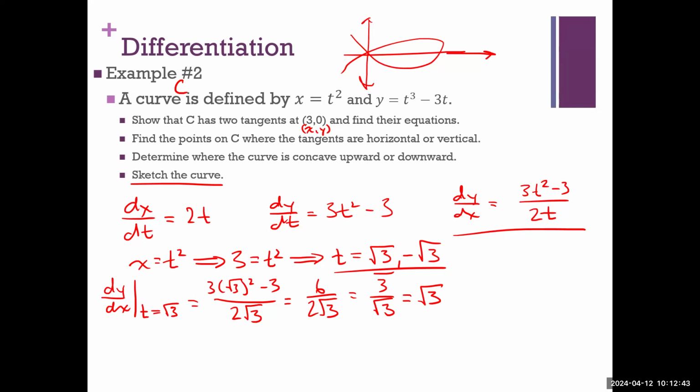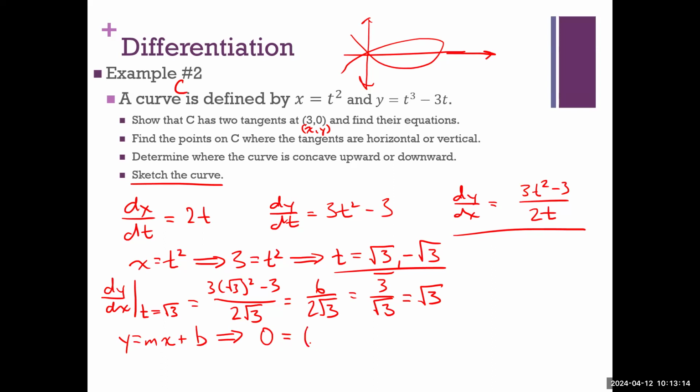If I want to find the equation of a line, what do those generally look like? We can shoot for y equals mx plus b. What information do we have? We just got m. Is that all we know, though? We have an x and y point. A corresponding pair of x and y values is 3 and 0.